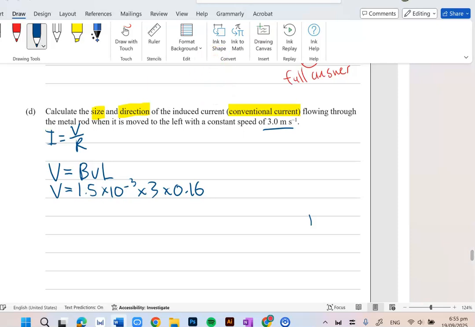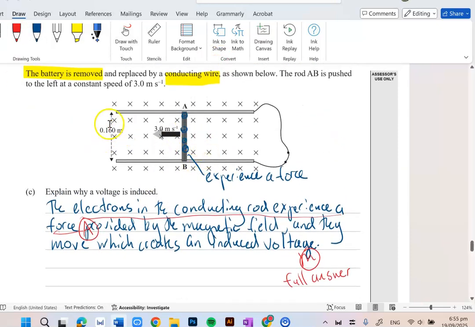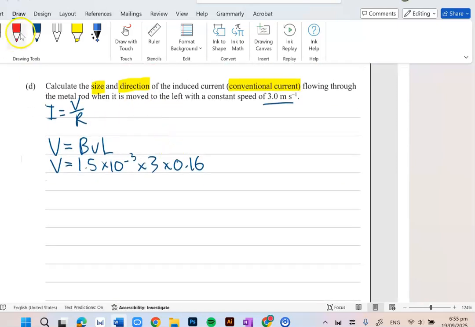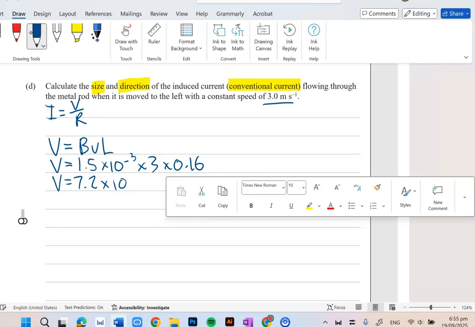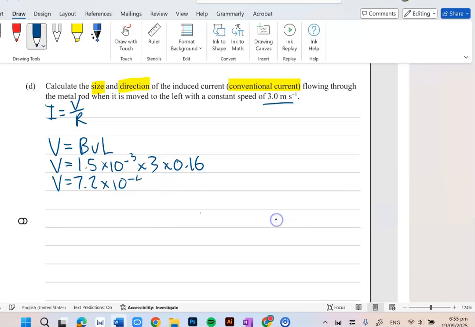I'll just make sure that was the correct length. Yeah, 0.16. Okay. So that's going to equal 7.2 times 10 to the negative 4 volts. Okay, now we've got the voltage.